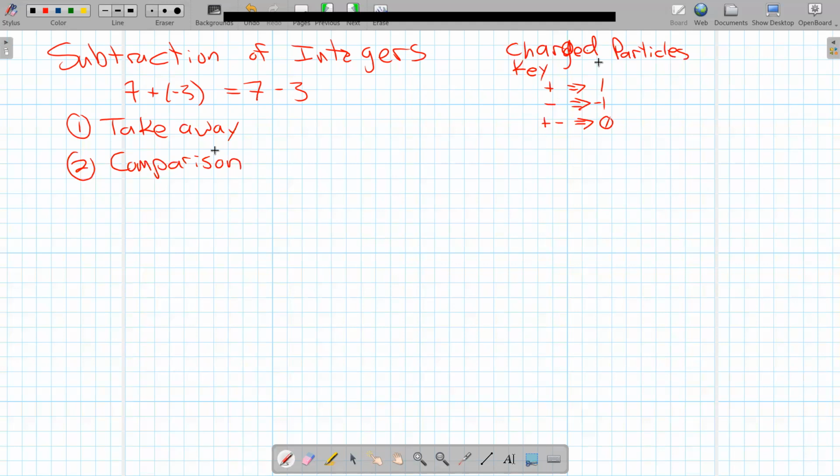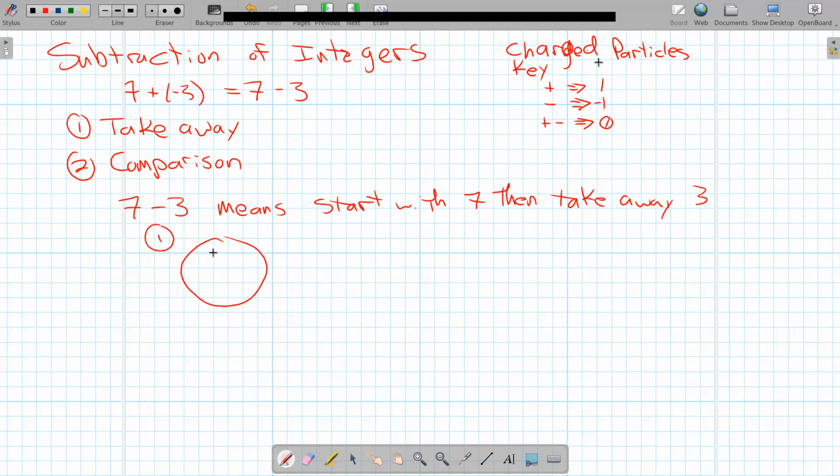So what does it look like to do a takeaway? Well, if it's just whole numbers being subtracted, it's no different than before. So 7 minus 3 would look like this. 7 minus 3 means start with 7, then take away 3. Okay, so step 1, start with 7. 1, 2, 3, 4, 5, 6, 7.